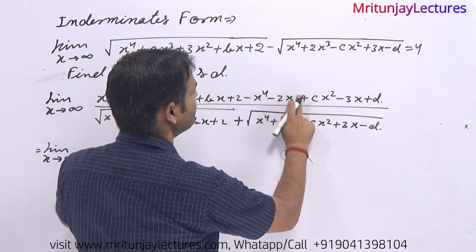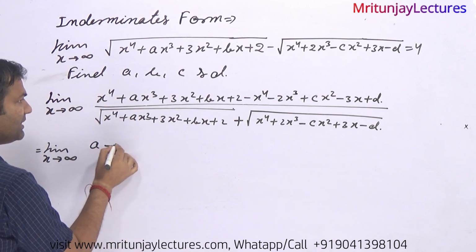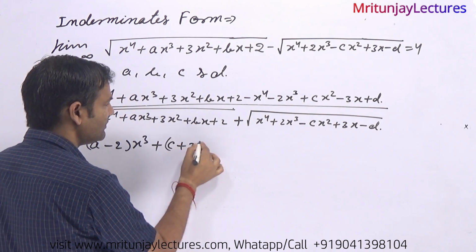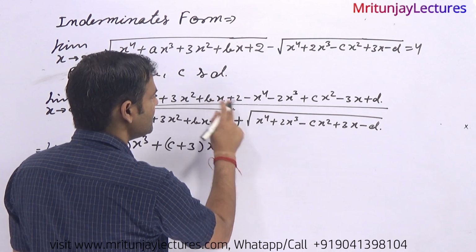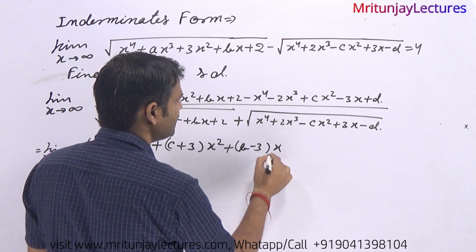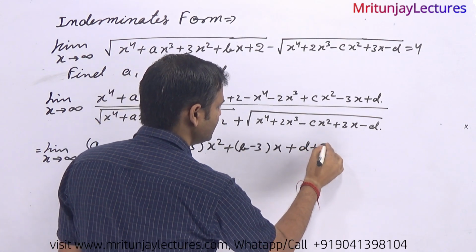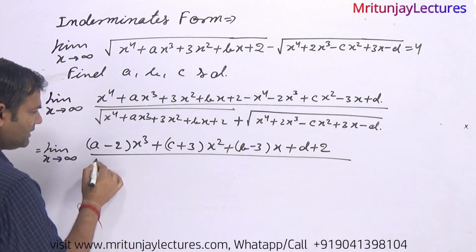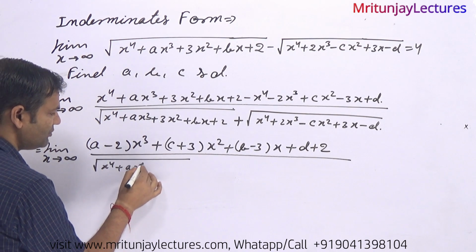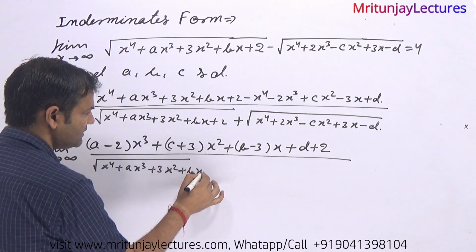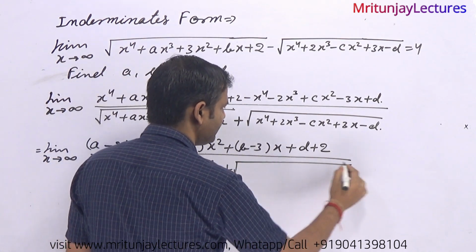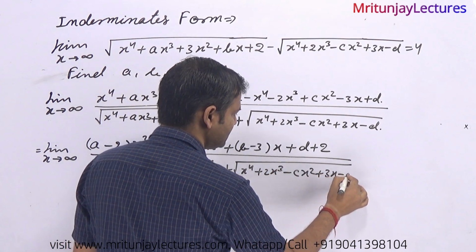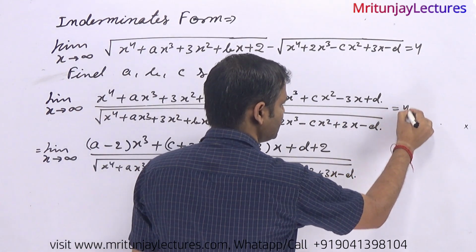So it is written as (a minus 2) x cube plus (c plus 3) x square plus (b minus 3) x plus (d plus 2), divided by x to the power 4 plus a x cube plus 3x square plus b x plus 2 plus under root of x to the power 4 plus 2x cube minus c x square plus 3x minus d. This will be equal to 4.